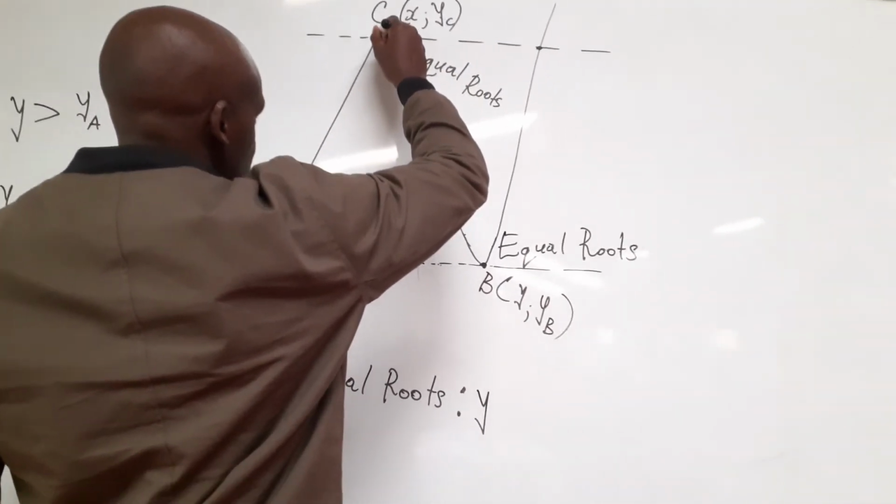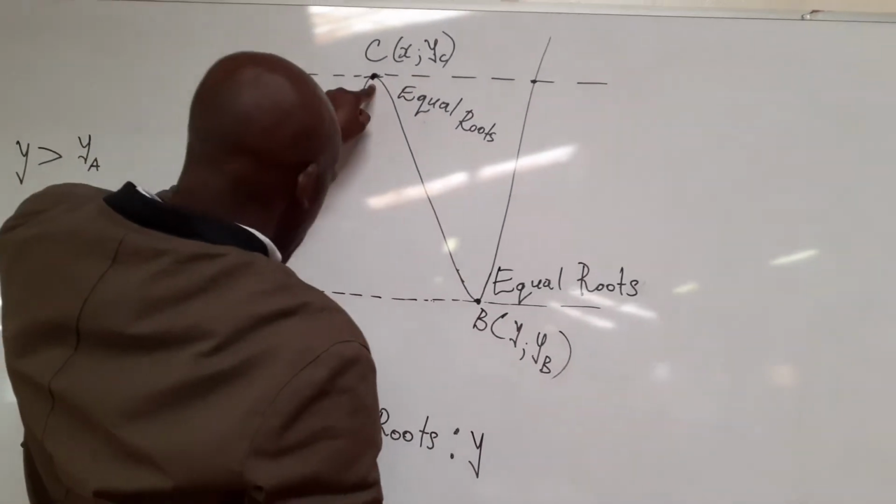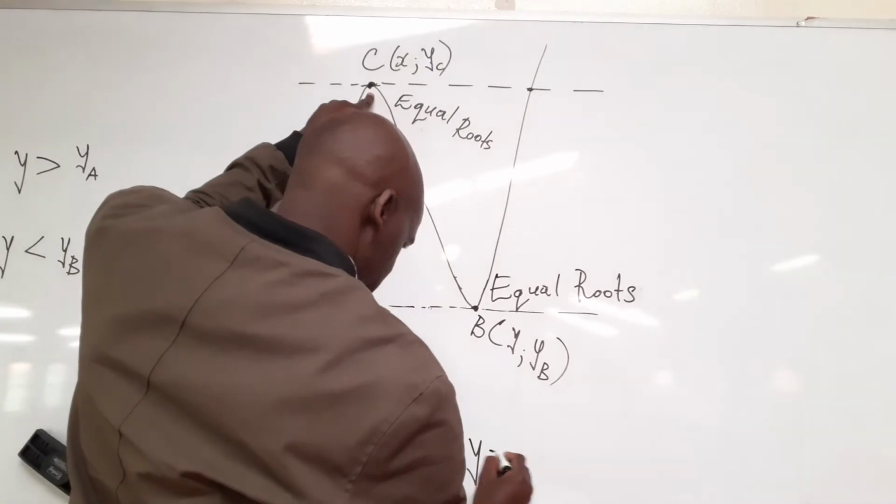Remember that now the horizontal line passes through that point, which means y must be there.